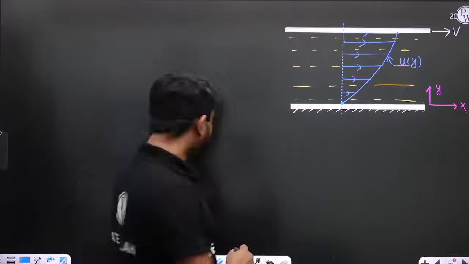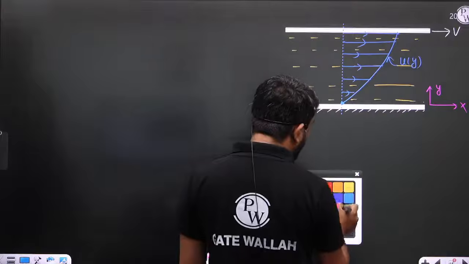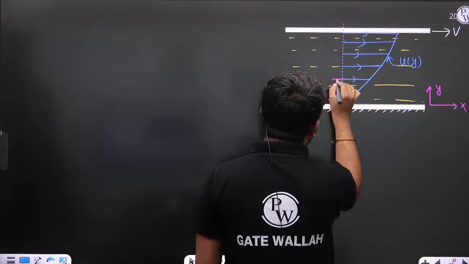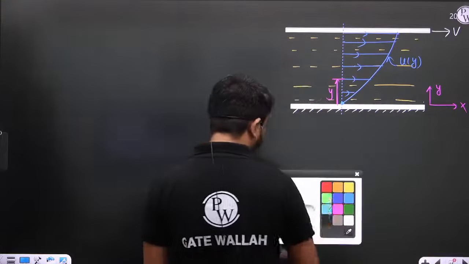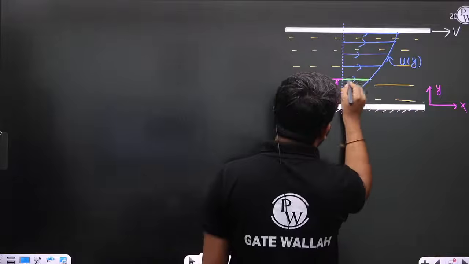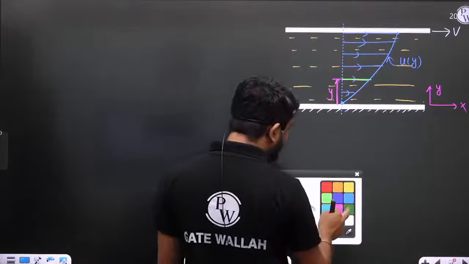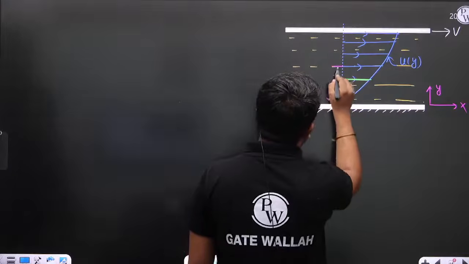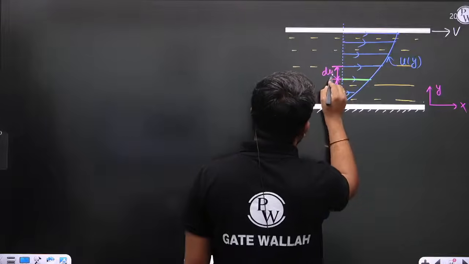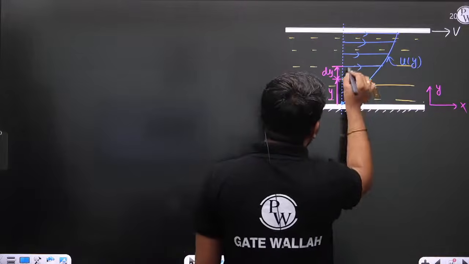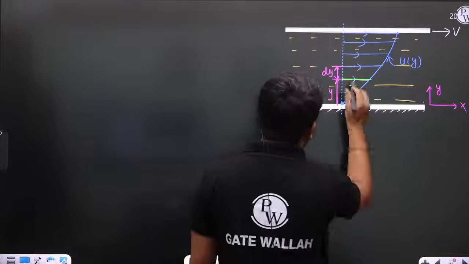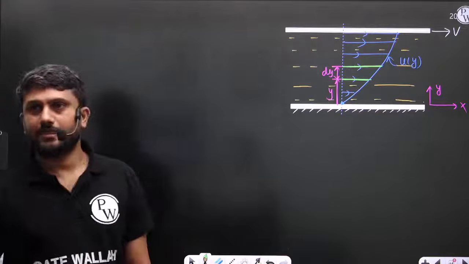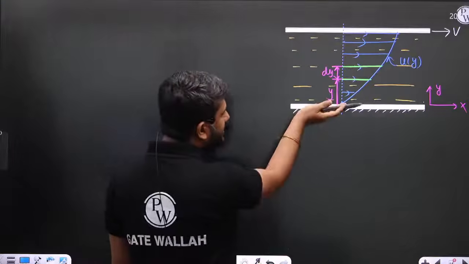Now see, this is the coordinate system, this is the x-axis and this is the y-axis.